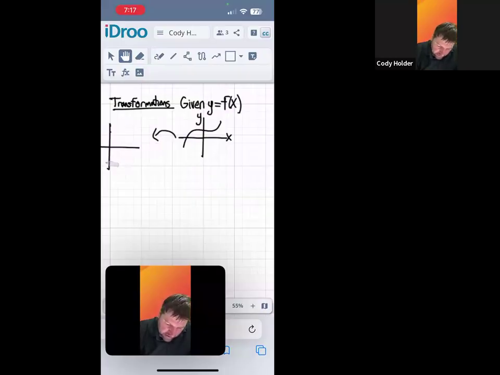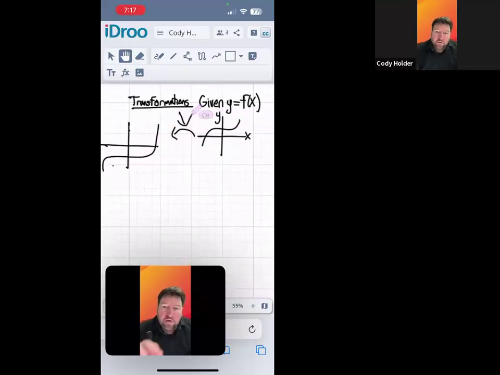Maybe it's down here now and it's compressed in the y direction after we do a transformation. So there's three types of transformations we can do, and we always do them in the same order. R, S, T. The same order as they're spelt in the alphabet.